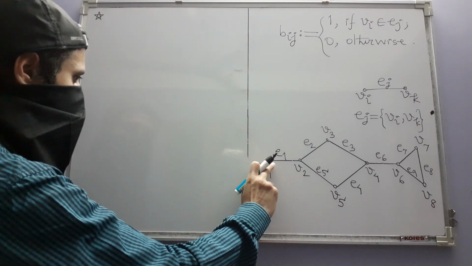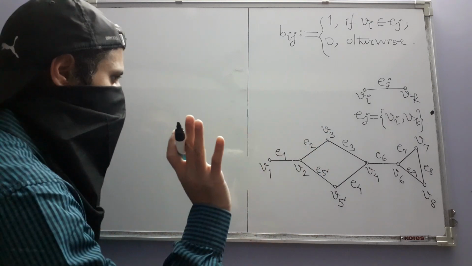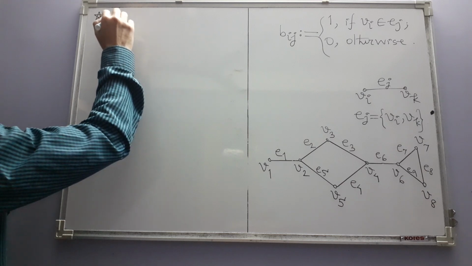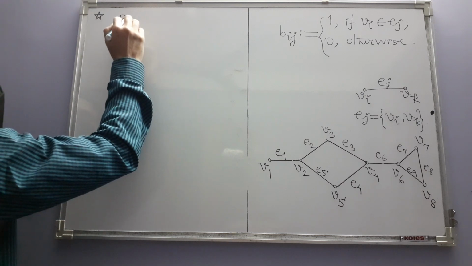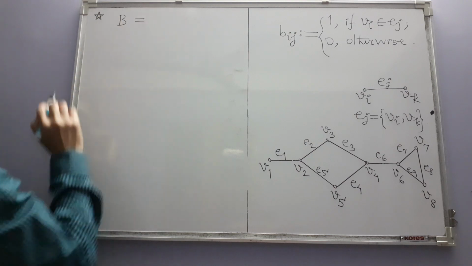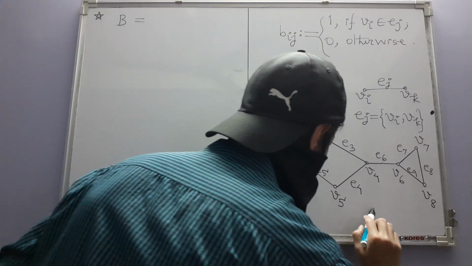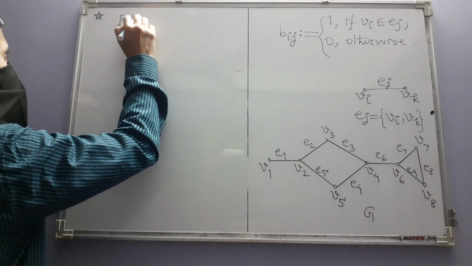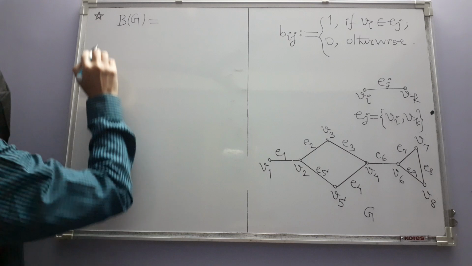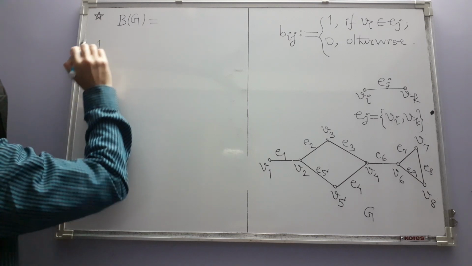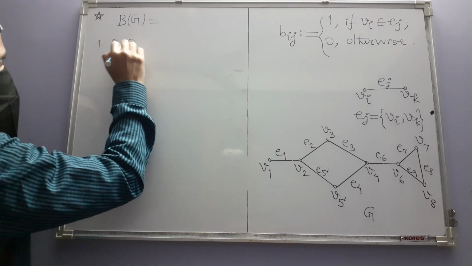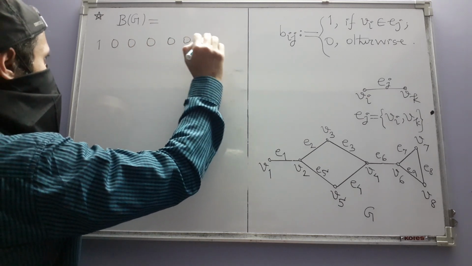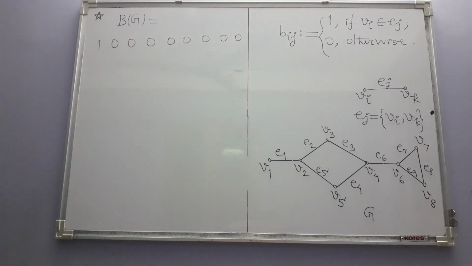That is because V1 is incident with only this edge and no other edge. So I will now have, that means my B, or BG here, if I am calling this G, then BG is equal to, columns 1, 2, 3, 4, 5, 6, 7, 8, 9.